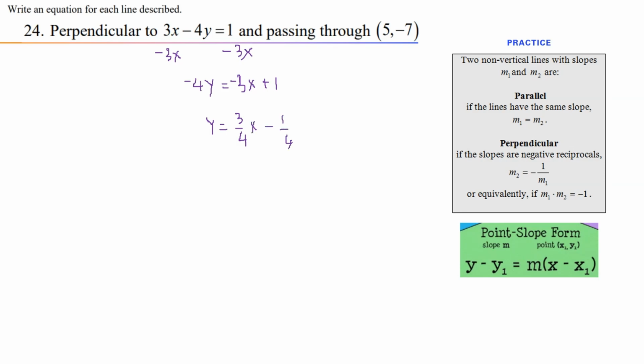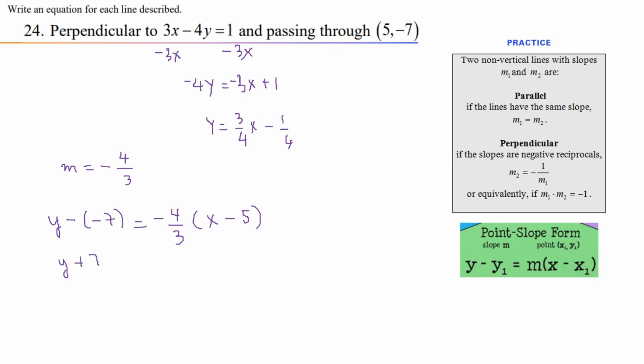Now it's perpendicular, so the m will be minus the reciprocal, so negative 4 over 3. Now y minus y1 equals negative 4 over 3, which is m, open parenthesis, x minus x1, which is 5.